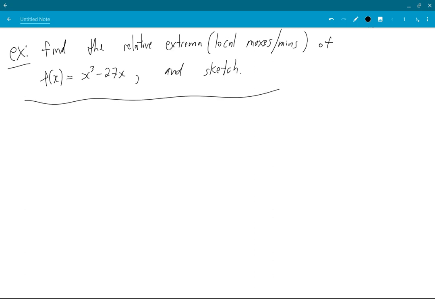All right, so let's do this. If I'm looking for local max, local min, I should find critical numbers. So f prime is 3x squared minus 27. To find critical numbers, I ask when is that derivative equal to 0?